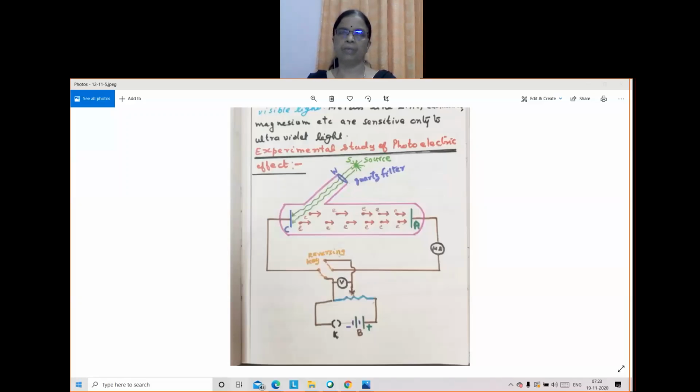So when we increase the potential of A with respect to C, more electrons reach, that means in a shorter time more electrons reach, so the photoelectric current increases. Then there is a limit, and at a particular voltage it attains the maximum photoelectric current. Further increasing the potential, there is no change in the photoelectric current.